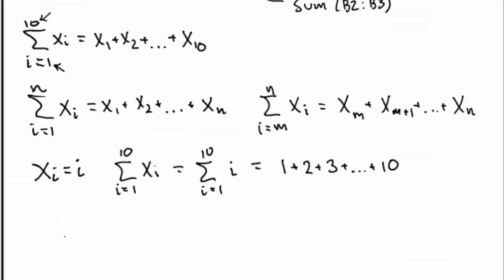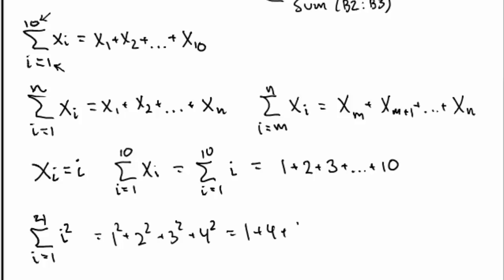To do another example, the summation i goes from 1 to 4 of i squared would be 1 squared plus 2 squared plus 3 squared plus 4 squared. Or if you like, 1 plus 4 plus 9 plus 16, which is 30.